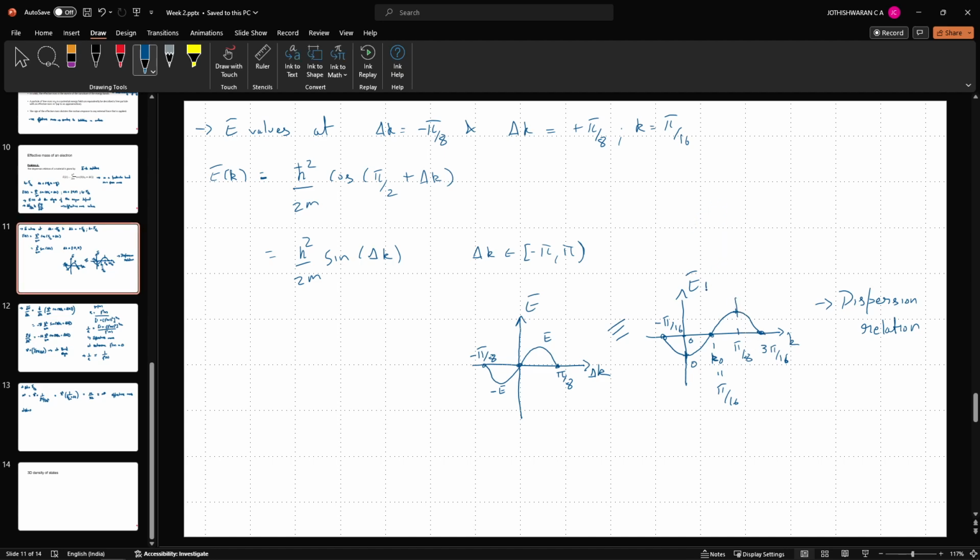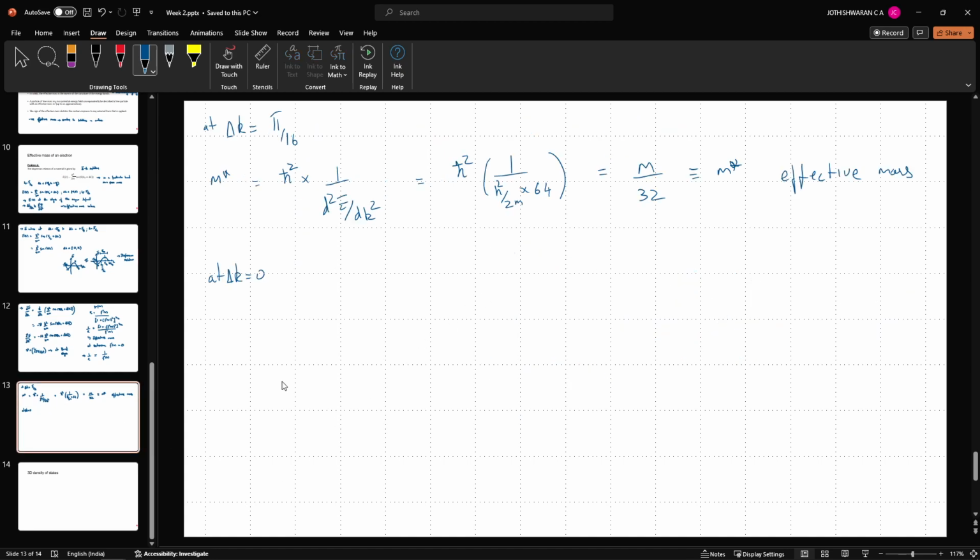I'm sorry, my choice of variables has led to a lot of confusion. The length between these 2 points is pi by 8. This is from 0 to here. This is the actual point pi by 8. This is from pi by 16 to 3 pi by 16, so the distance between them is of course pi by 8. Here we go from pi by 16 to minus pi by 16, so again the distance is 2 times pi by 16, which is pi by 8. The middle of that is occurring at the origin. This is k naught. Now everything is clear.